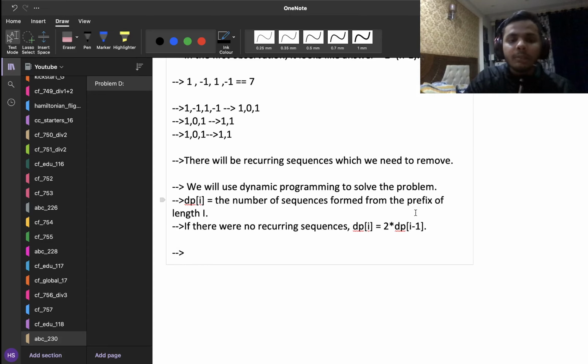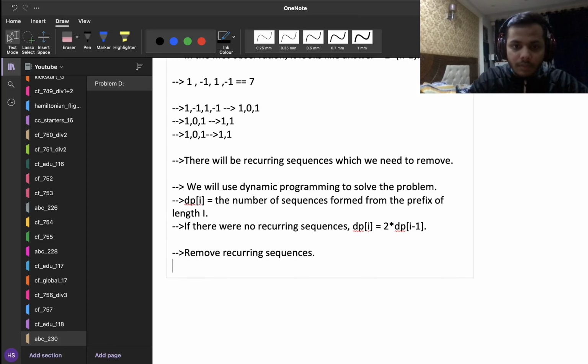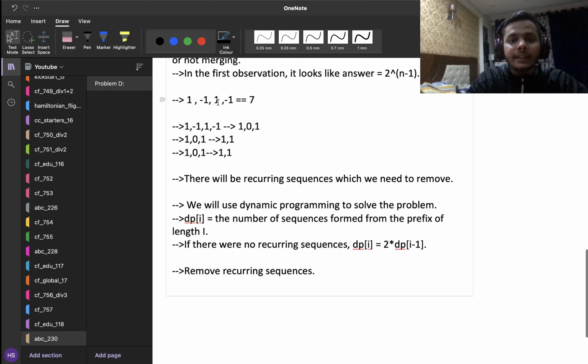So our task is to remove recurring sequences. Right. And here we saw that once we find a subarray such that its sum is 0, that subarray, if we combine it, can be either combined with the left sequence, or it can also be combined to the right sequence.